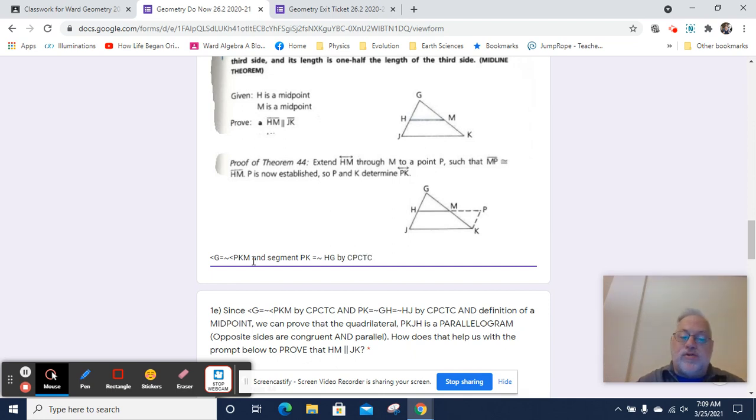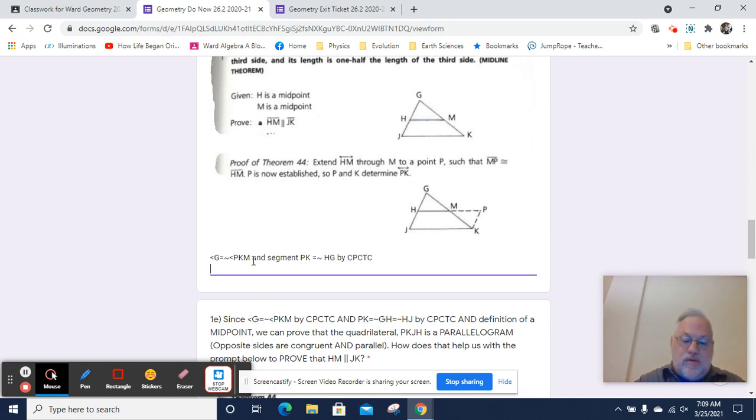Corresponding parts of congruent triangles are congruent. Also, GH is congruent to HJ by definition of a midpoint. And then finally, PK is congruent to HJ by transitive property.